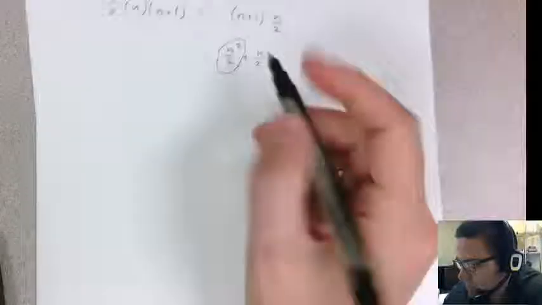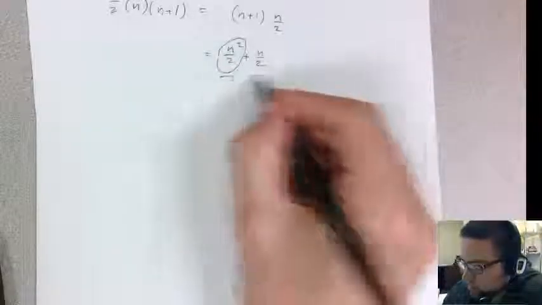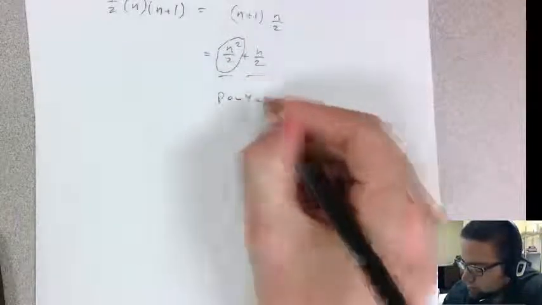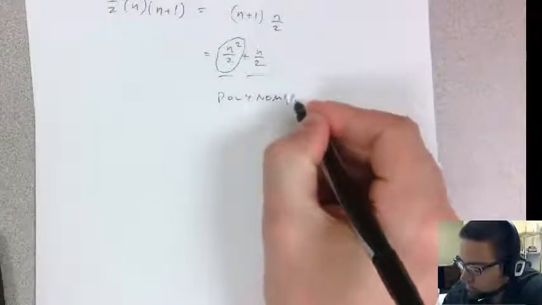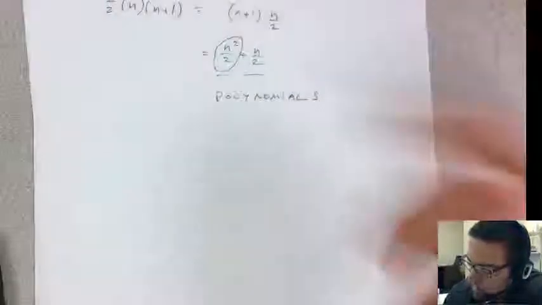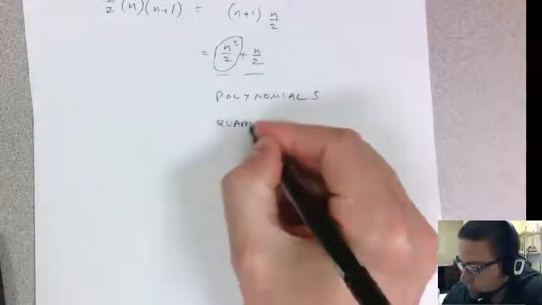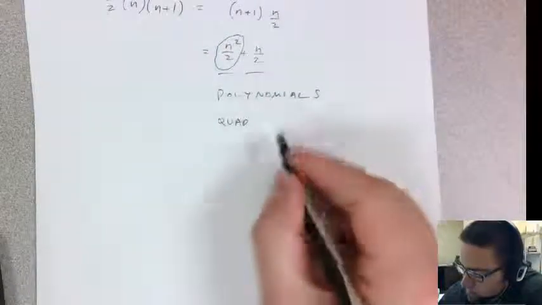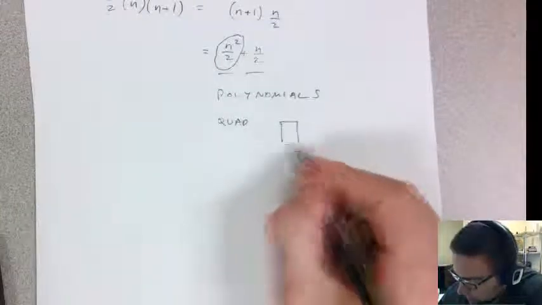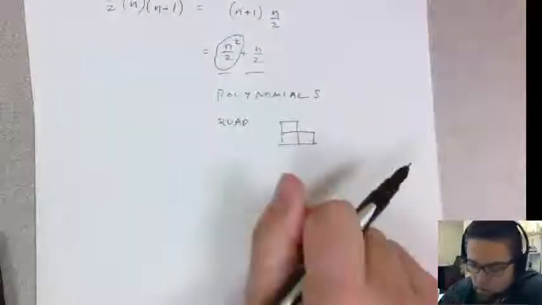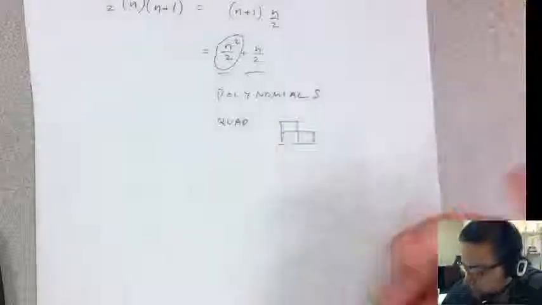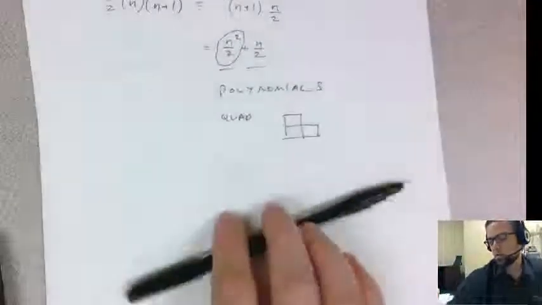So we'll talk a little bit about that in this module. These are called polynomials. And the reason we call them quadratics when it's a square is because it works for the area model that we're looking at, square inches, right? So quads are things with 4 sides. So that's kind of where we're starting.